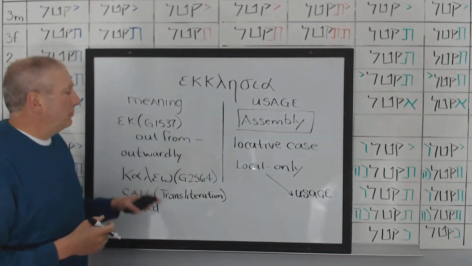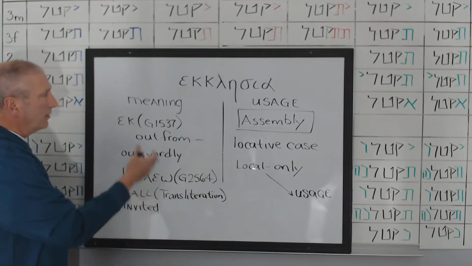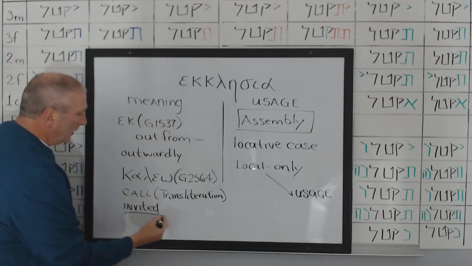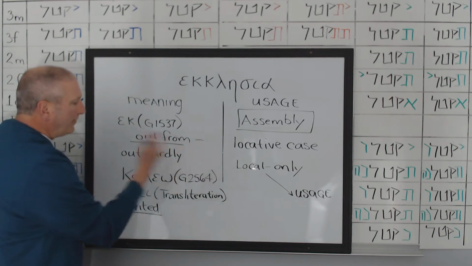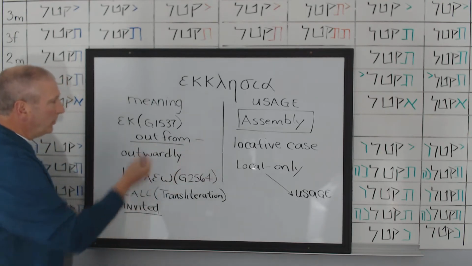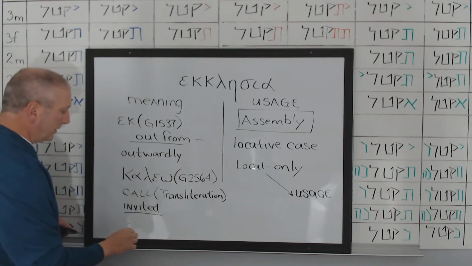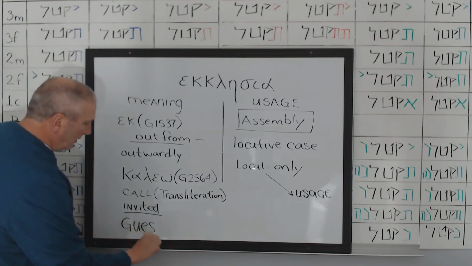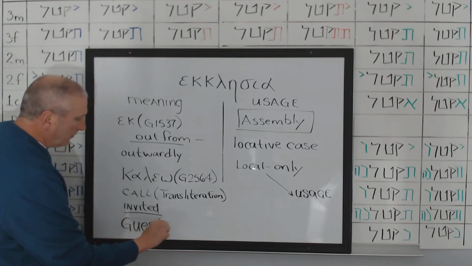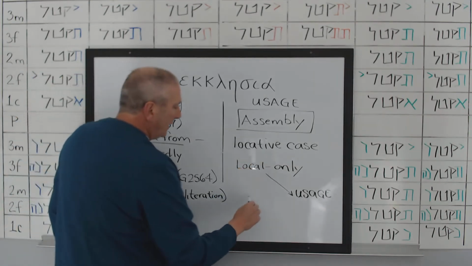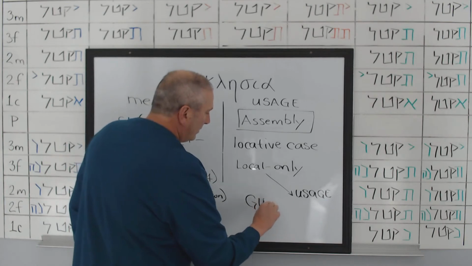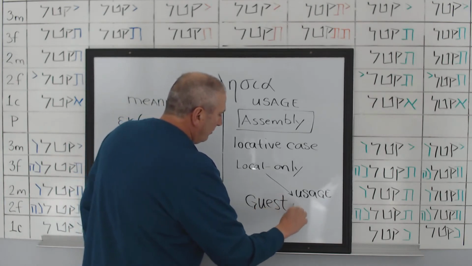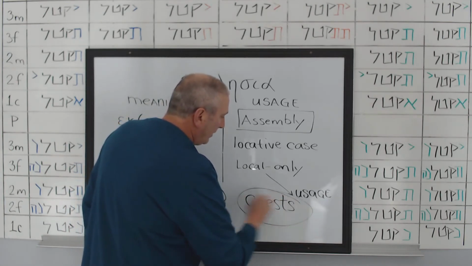But the implication here of being invited and then out, being invited out, well, we would consider this word, as Dr. Kelly said it best, this would be guest. This is a word for guest. And then this assembly would be guest, similar to the wedding feast where the guests were there.